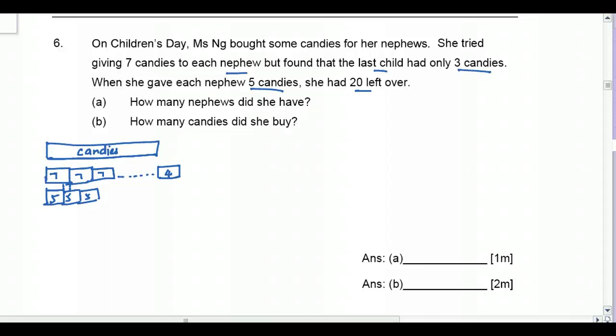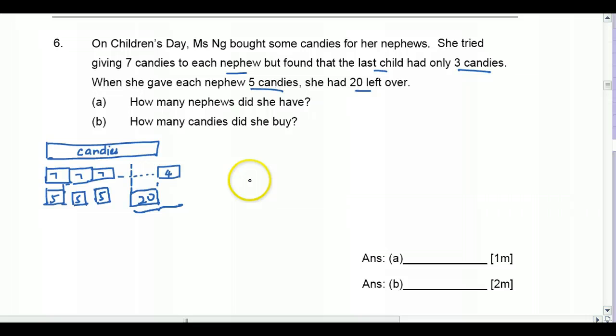I would draw it this way so that you can all see clearly. Each one only gets 5, and she had 20 left. These are the candies she has left.